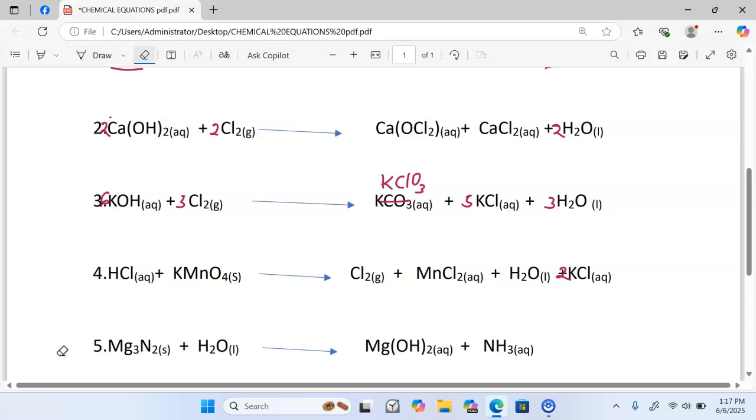But before we look at oxygen, by writing 2 behind potassium chloride, we have also made potassiums to be 2. On the reactant side, we also multiply by 2 behind potassium manganate 7 for potassiums to be balanced.